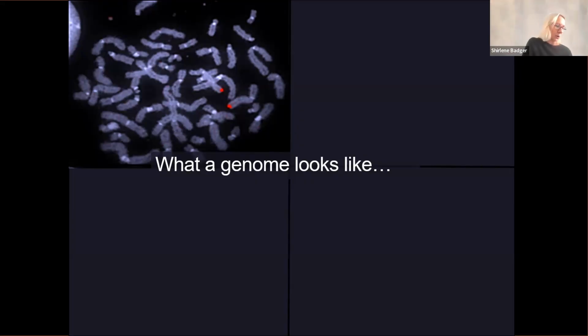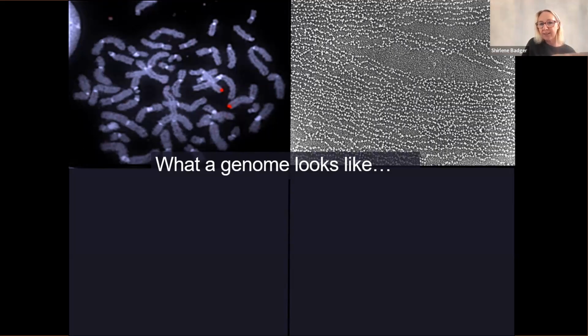Now, this is also the interesting thing here. You go from this, where we're seeing the chromosomes, but we can't see the DNA yet. So this is where we go to a higher magnification. This is electron microscopy, one of the highest magnifications you can get.